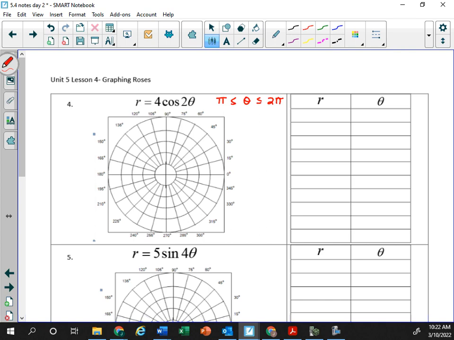You got it, David? No? If you were graphing the whole thing from 0 to 2 pi, would you be okay? Okay, but the window is what's... Remember that this doesn't mean graph from pi to 2 pi. It just means the thetas you can plug in are between pi and 2 pi. Okay?